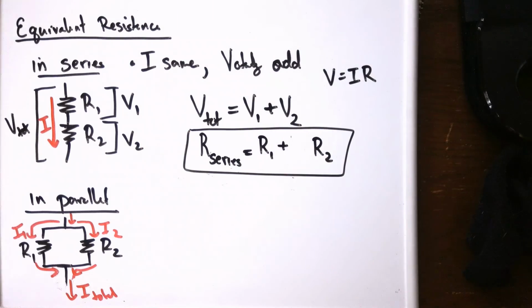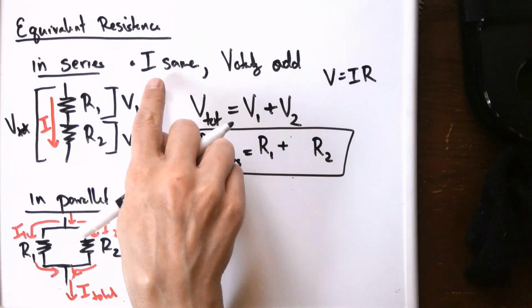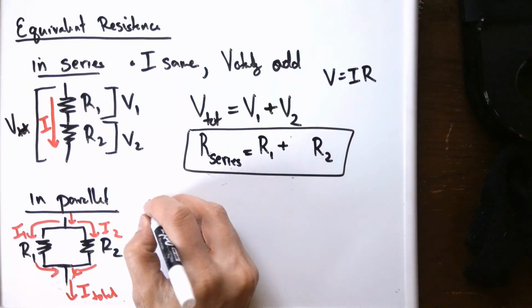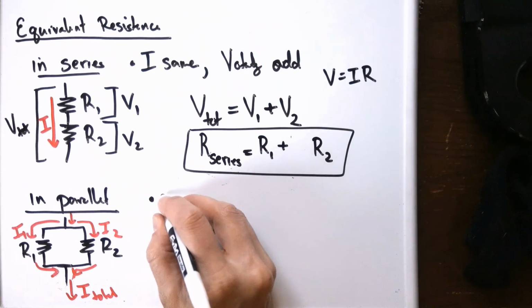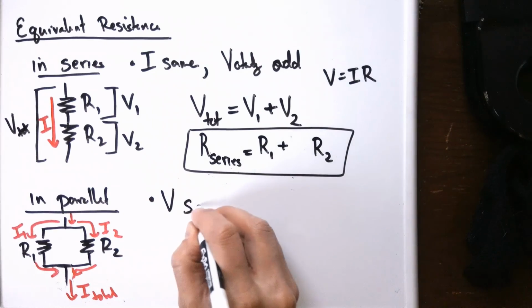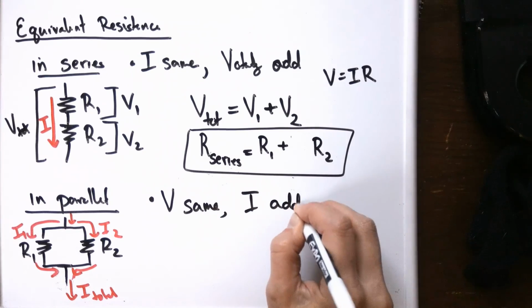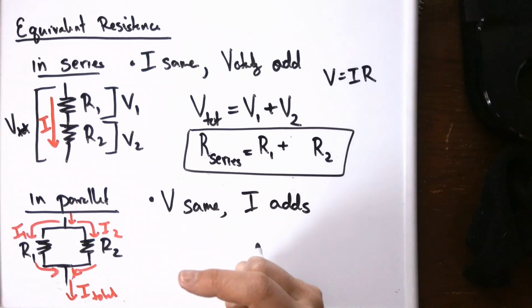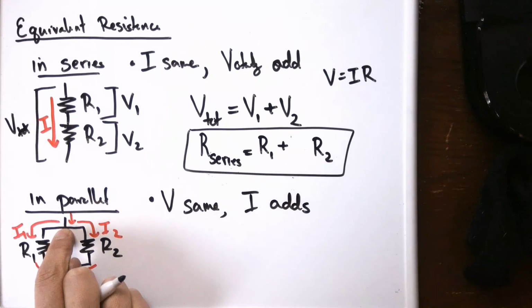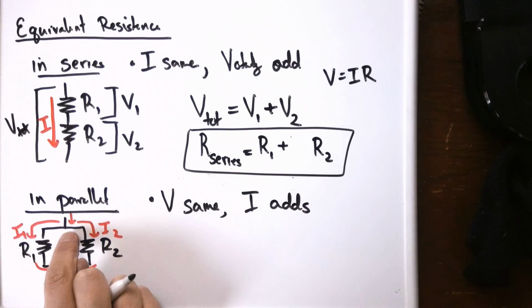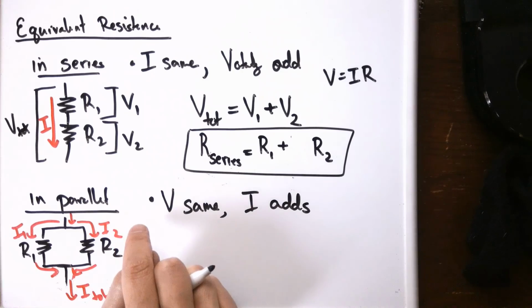So unlike in series, where the current's the same and the voltage adds, in parallel, the voltage is the same, but the current adds. And how do I know the voltage is the same? Well, that's a wire up here, this whole T thing. That's a wire, it's metal, it's a conductor.